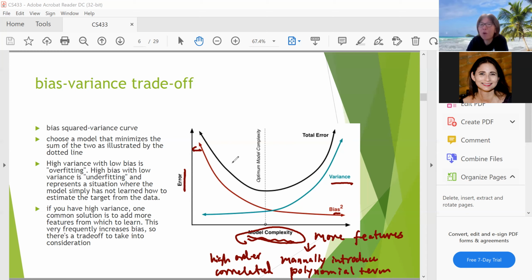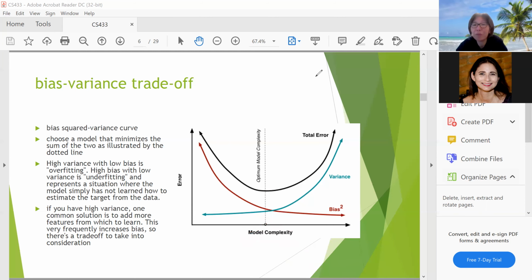We can see from this diagram that the optimal point is where both variance and bias are not too high, so the model complexity is also not too high, but at a certain level. This area is the best fit for the trade-off between bias and variance.